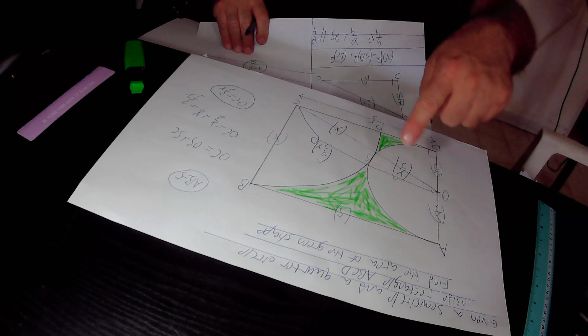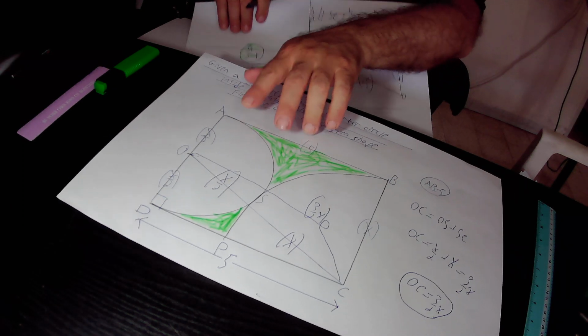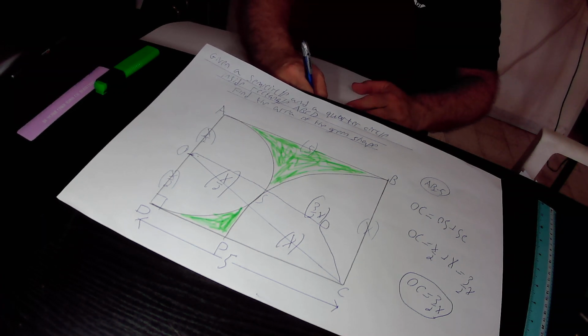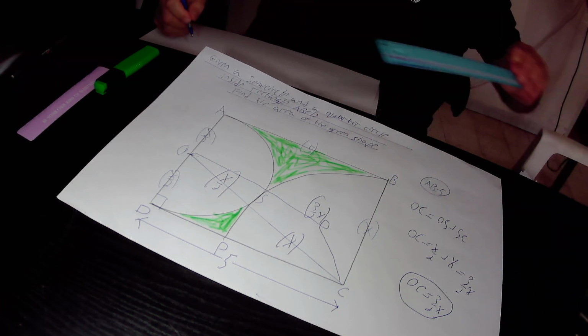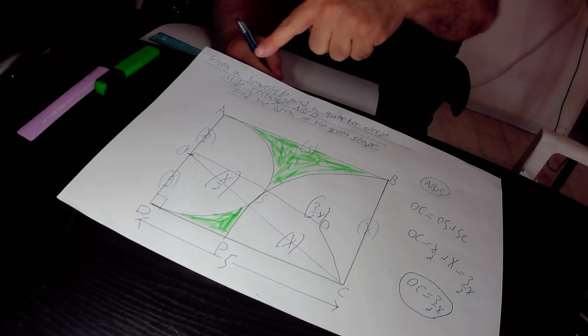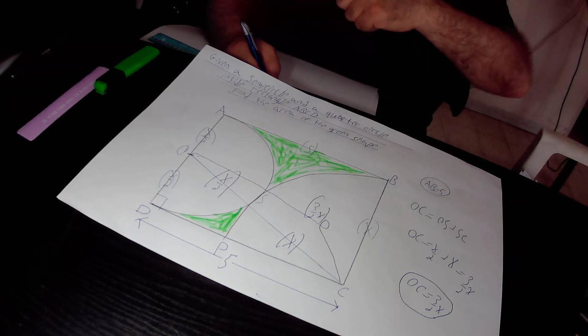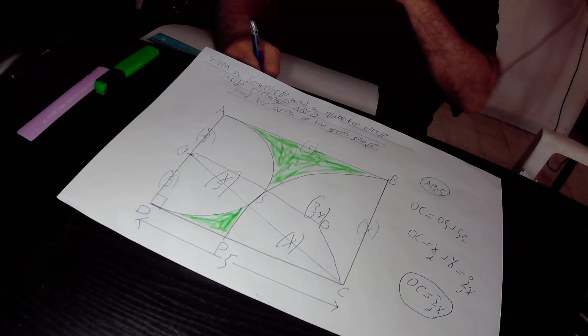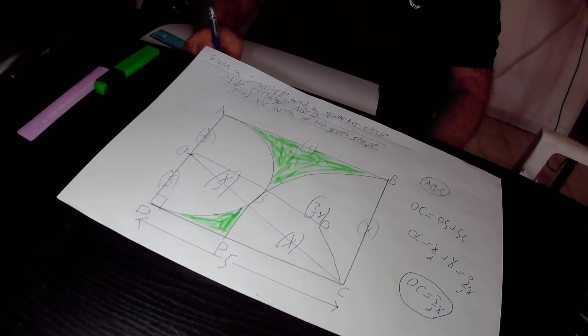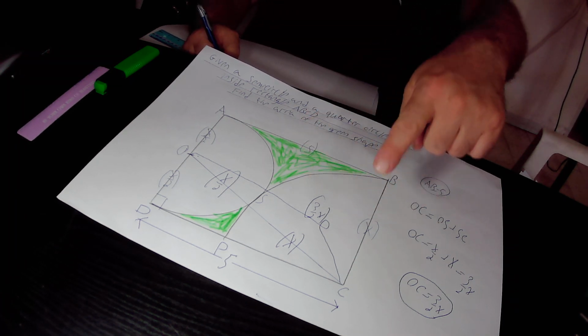Our mission is to find the area of this green shape. So what is the area of the green shape? From the drawing, it is very easy to see the area of this green shape equals the area of rectangle ABCD minus the area of this semicircle minus the area of this quarter circle.